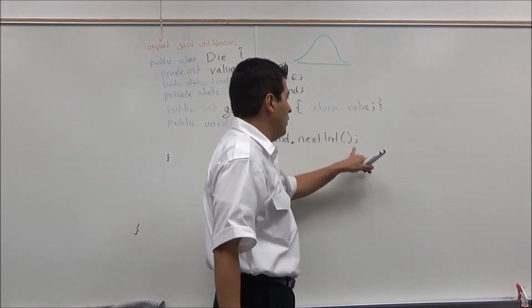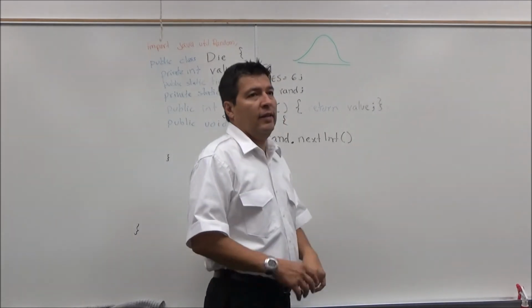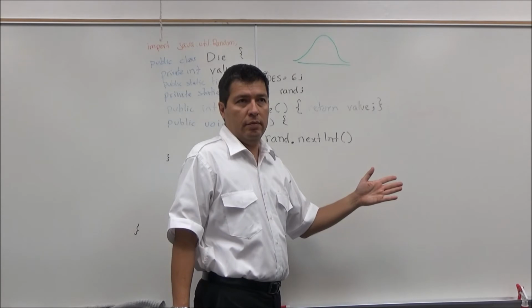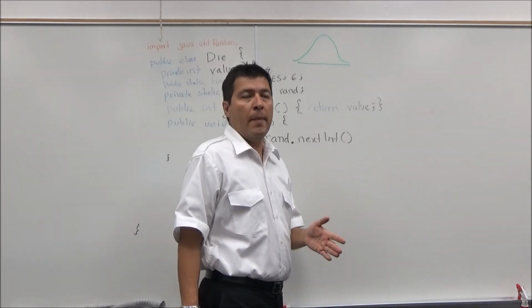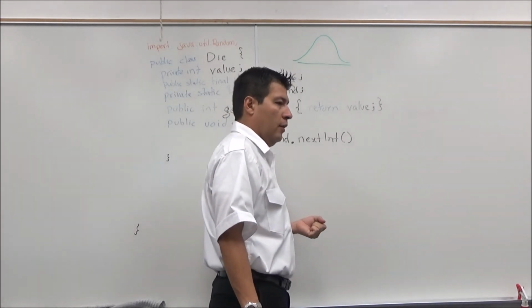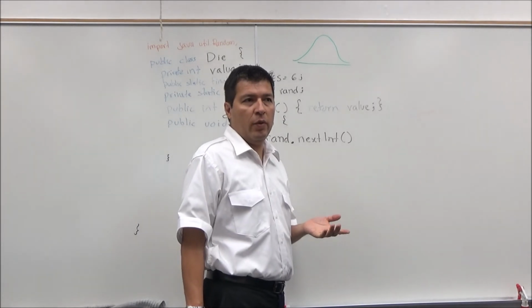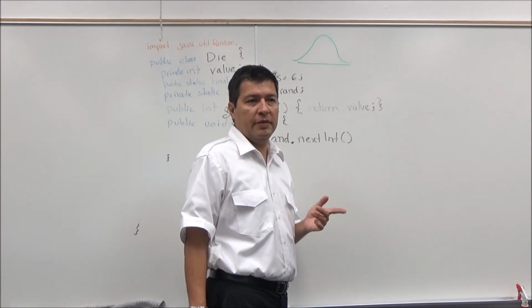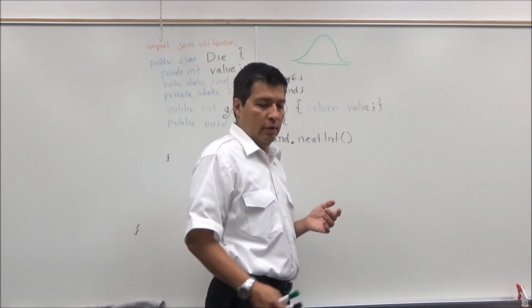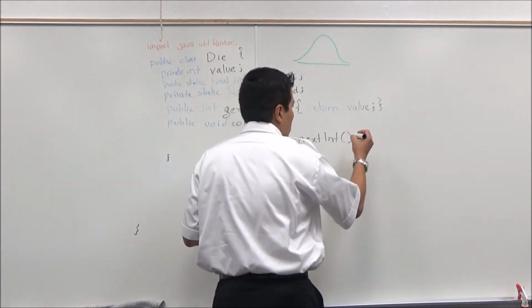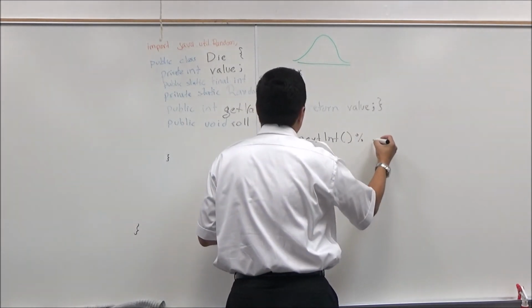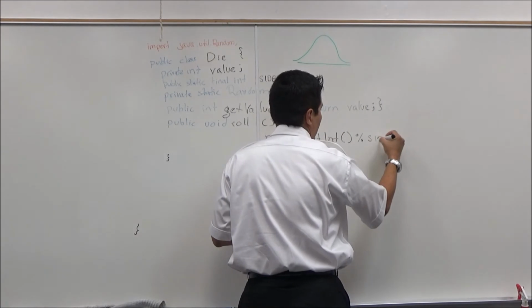There are 2 ways to do it. I can divide this by a modular division. Remember what the modulus division is? What's the symbol? Percentage sign. So I can do this, right? Divided by sides.